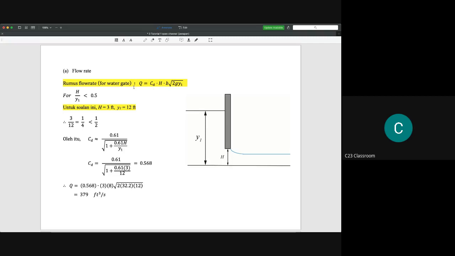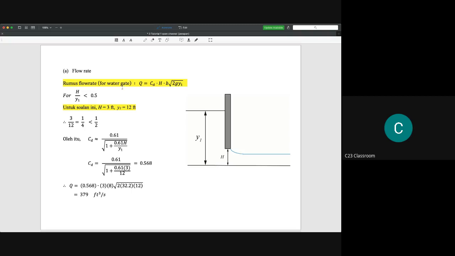So the idea is to calculate the flow rate at the water gate: Q equals CD, the discharge coefficient, times H times B, times the square root of 2g Y1. H is the height of the sluice gate and B is the width of the sluice gate. In fluid mechanics 1 we learned it as 2gh, but in this syllabus we use Y1.